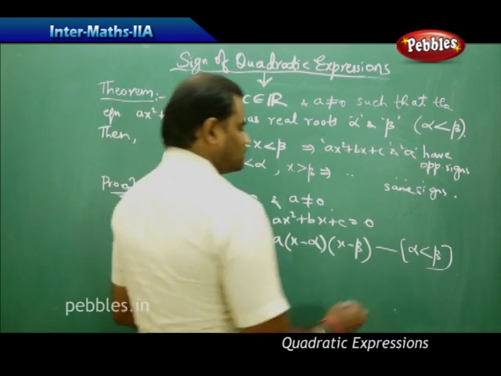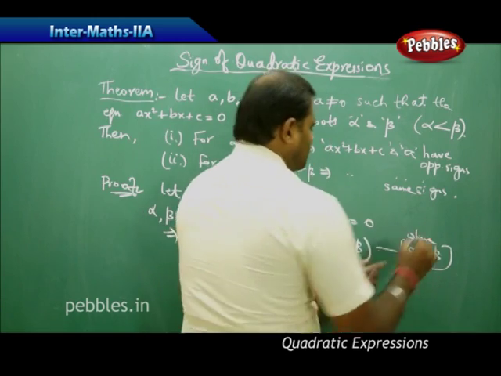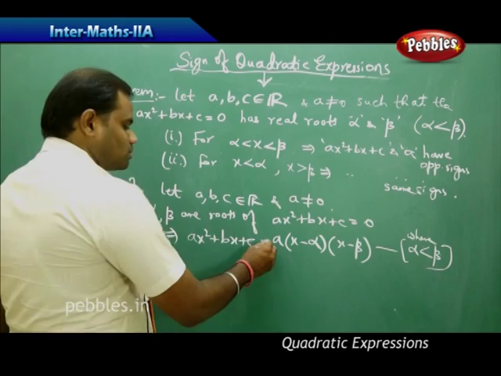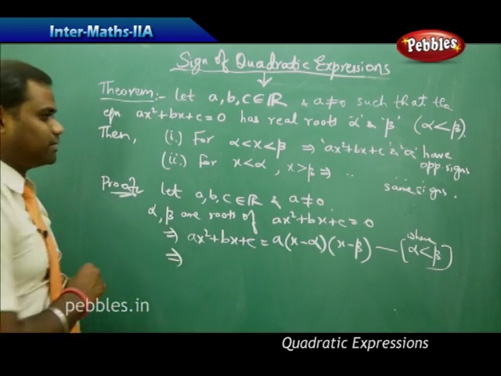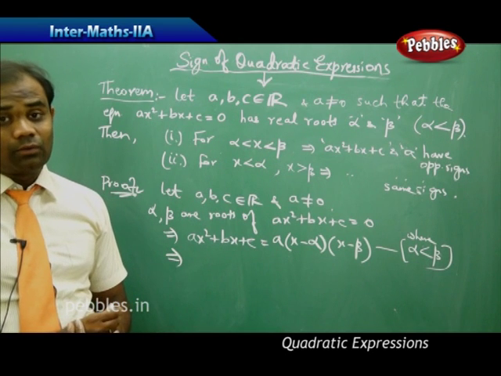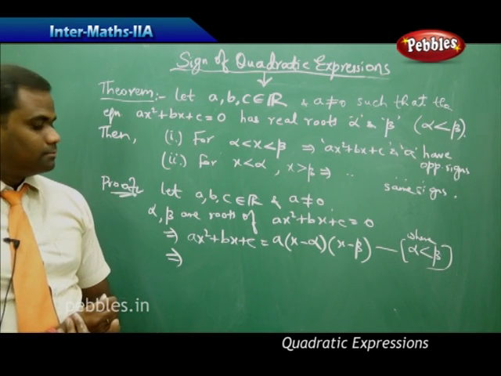So with the assumption that alpha is less than beta, using this, we are going to prove the sign change, opposite signs and same signs connected with this.